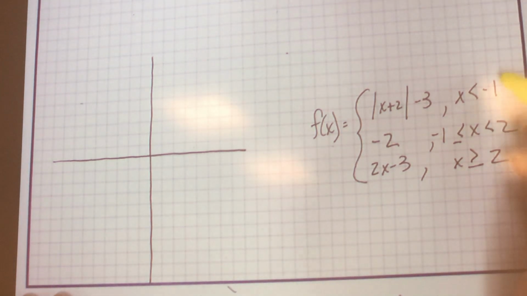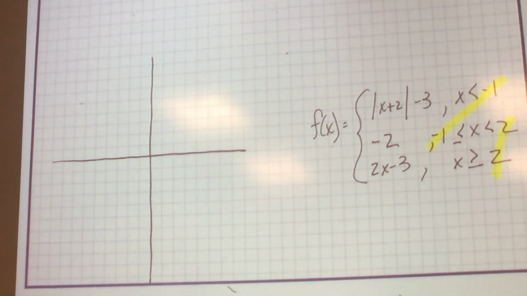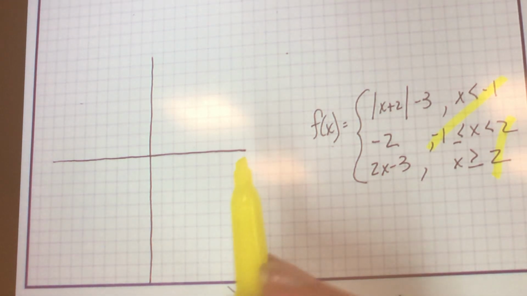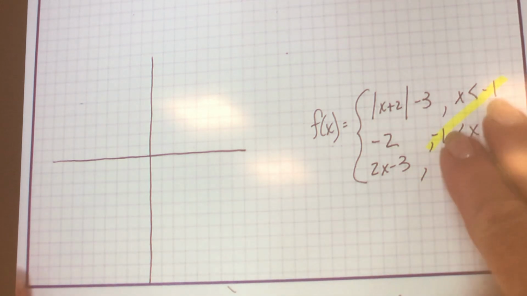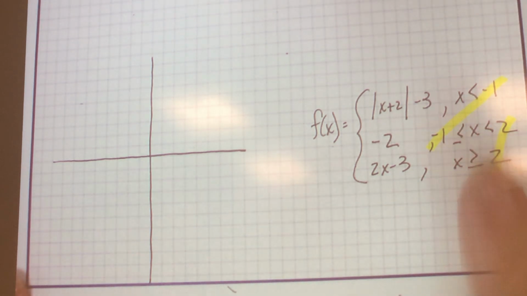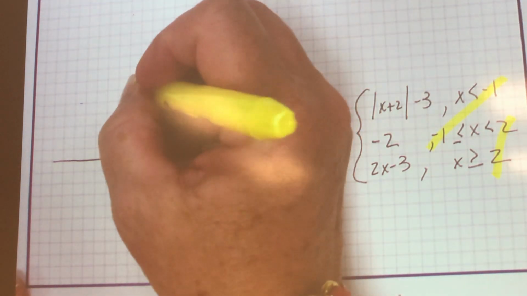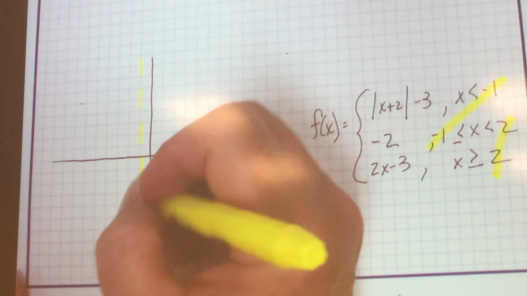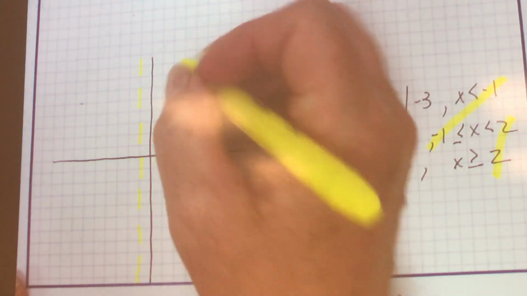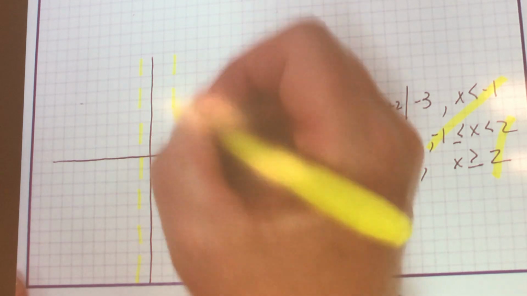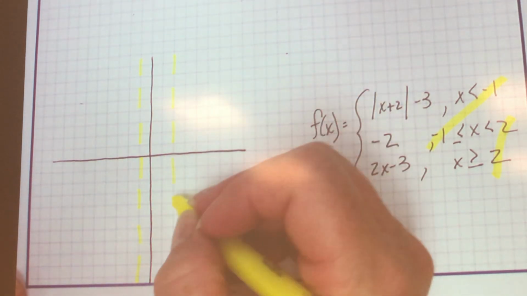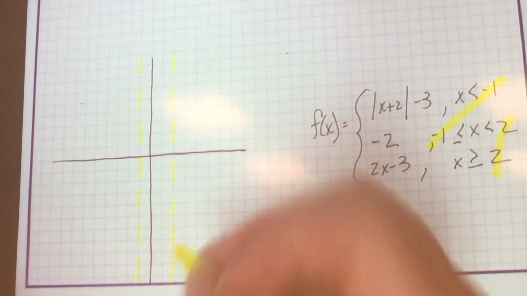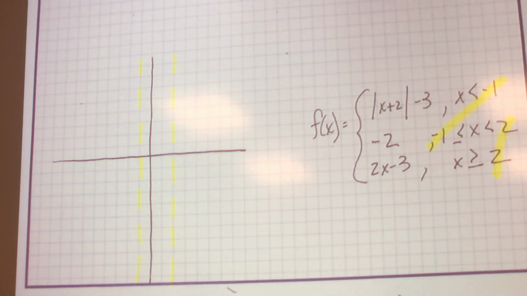These numbers right here tell me where those lines go. So I'm going to take a highlighter and make dotted lines at -1 and at 2. Now, you don't have to do these lines, but these lines say, hey, when you get to this line, you better stop, because something different is going to happen on the other side.